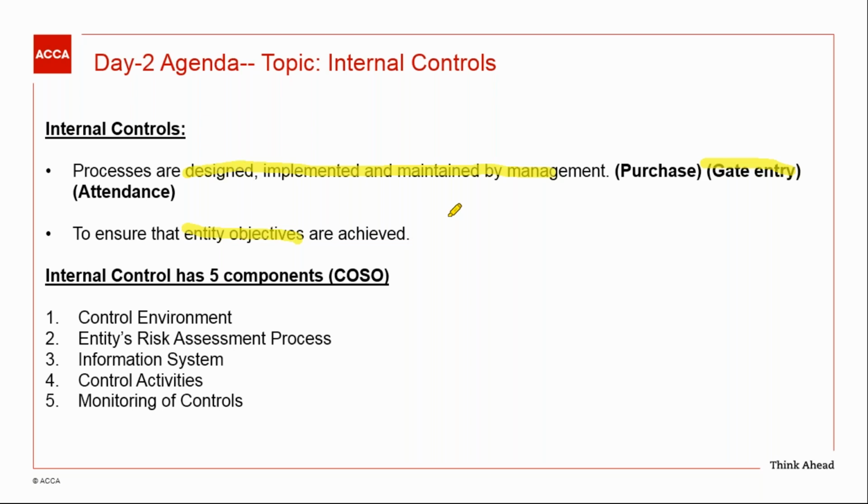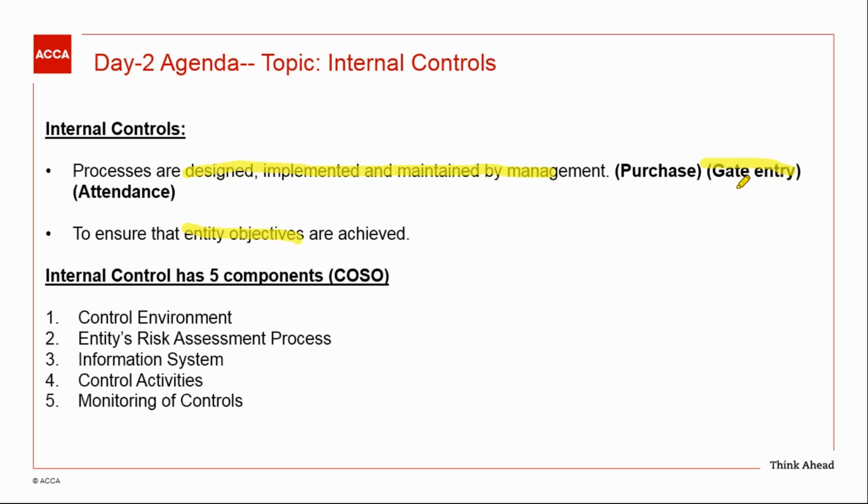After clearance, that person can enter the premises. So at this stage we have discussed only two things: the entity objective, or control objective, and the internal control placed by the management.